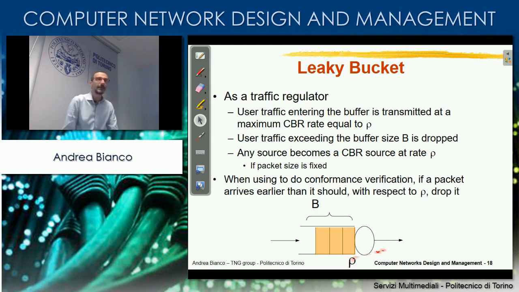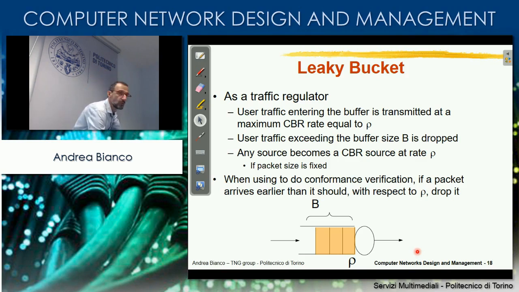Okay? So here you have a gate, and the gate opens at a speed which is directly proportional to rho, so the larger the rate, the higher the frequency of admission of packets. And what's happening is that at the output of this device, the traffic generated by this user is not worse in terms of being more aggressive than a CBR source at rate rho.